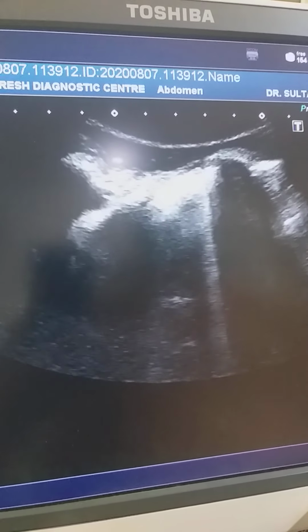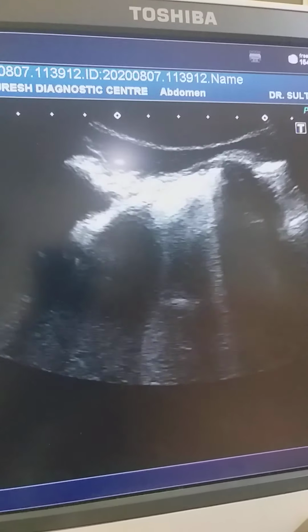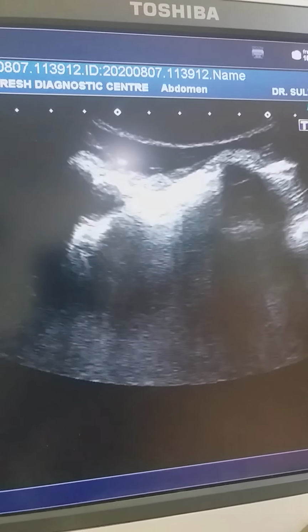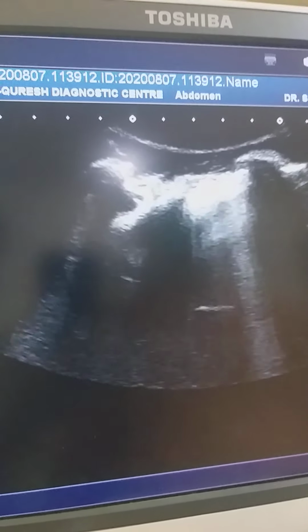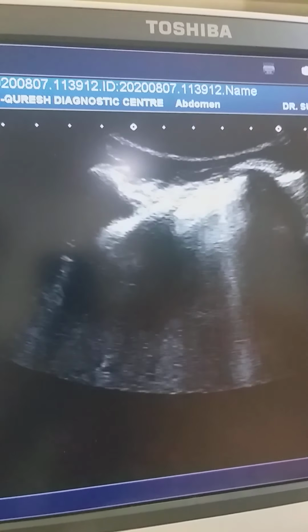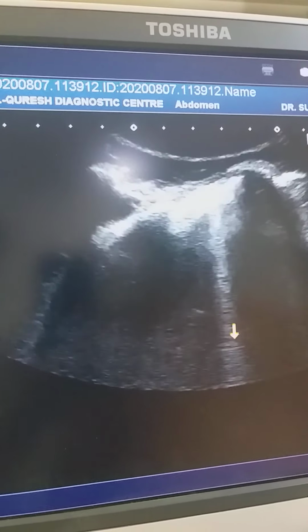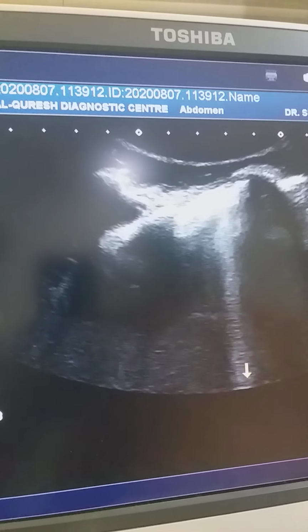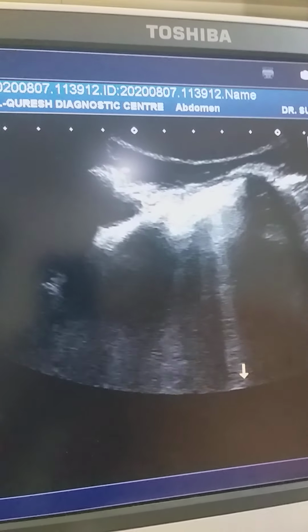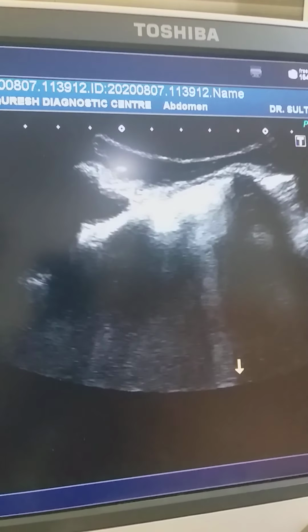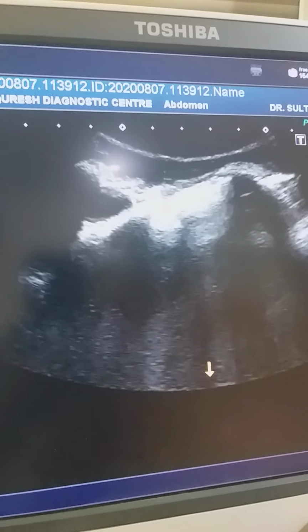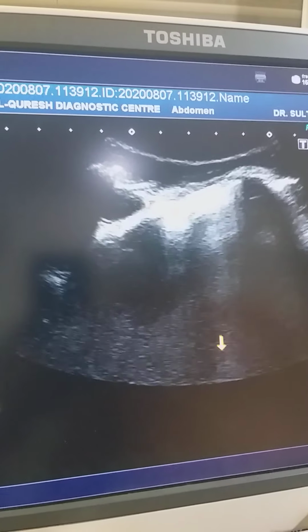The criteria for the B line is that these should be well defined. These should arise from the pleura and go all the way up to the whole scan of the lung field.